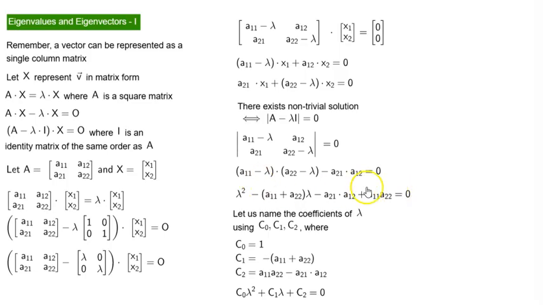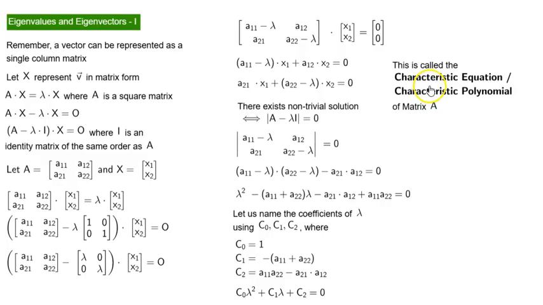The equation we arrived at while evaluating the determinant becomes C0 lambda squared plus C1 lambda plus C2 equal to 0. This is a quadratic equation, yes, but more generally it is a polynomial. This is called the characteristic equation or characteristic polynomial of matrix A.